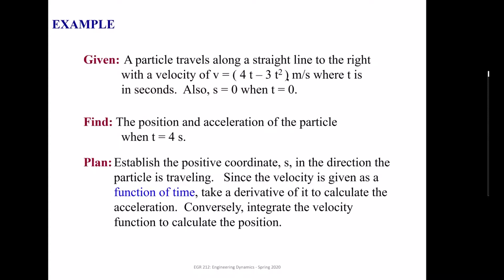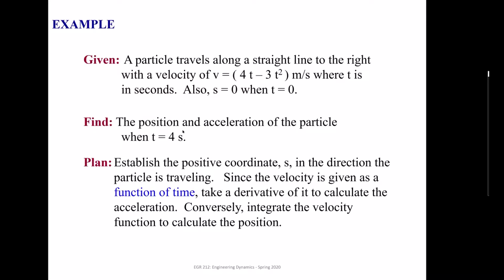We're given a velocity, and we can see velocity is a function of time. And we're given some other information. We're saying our position is equal to 0 when t is equal to 0. All right. Now, of course, when we go ahead and perform the derivative, we can see this is not a constant acceleration, right? But we'll just follow the general approach.